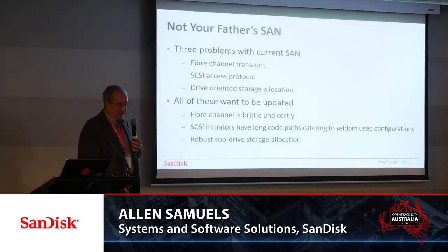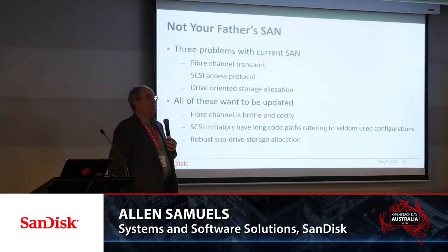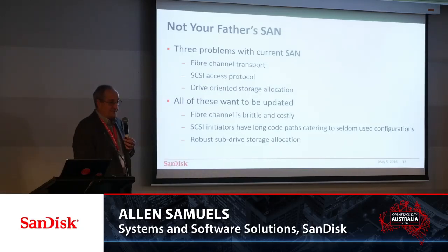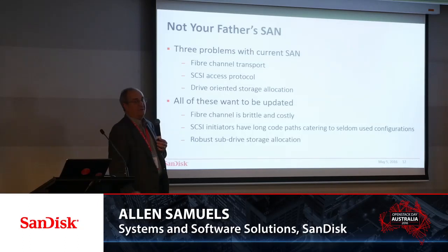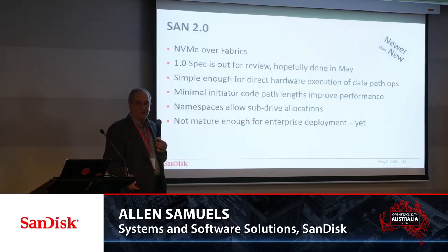SCSI itself is slow. It's got a lot of interesting old stuff that no longer matters that ends up slowing it up. And we need something that does subdrive storage allocation. The good news is a lot of this is actually already being worked on in the industry today. Some of you may be familiar with NVMe or NVMe over fabrics.